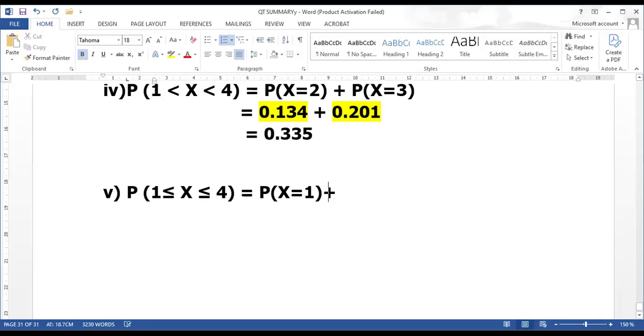Then plus the probability of x is equal to 2, plus the probability of x is equal to 3, then plus the probability of x is equal to 4. So simply add.